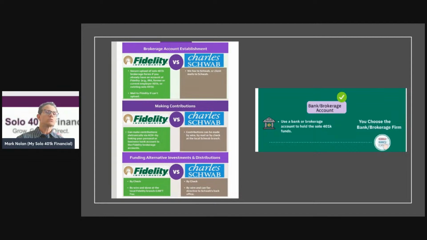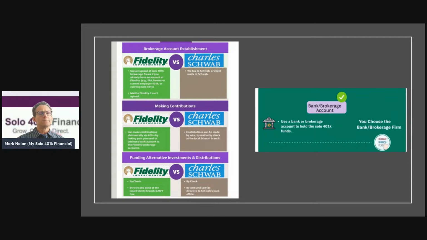Many of our clients will use Fidelity because they can open up those self-directed 401k brokerage accounts online, so they don't have to fax anything to Schwab. They can just fill out the information online and open up those brokerage accounts for the self-directed 401k for My Solo 401k Financial. With Fidelity, you can also link your bank account for making those contributions electronically via ACH into those self-directed 401k holding accounts, so the brokerage accounts.